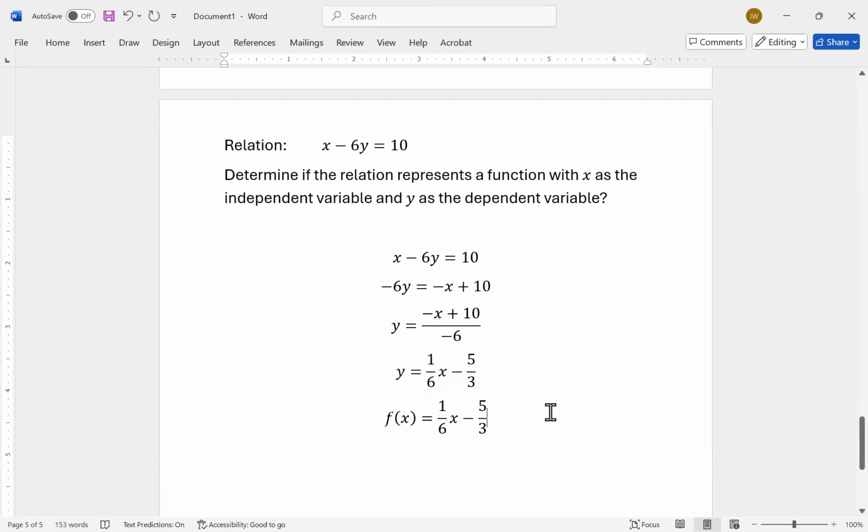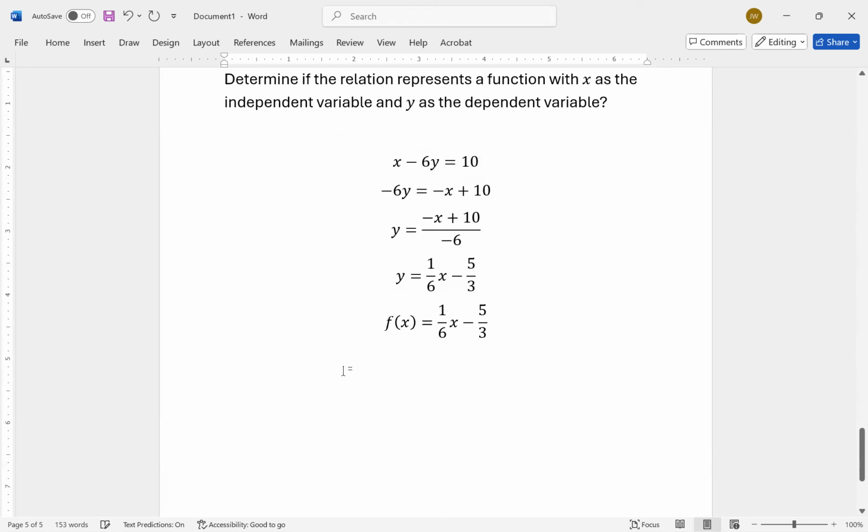So now I know this relation is a function.